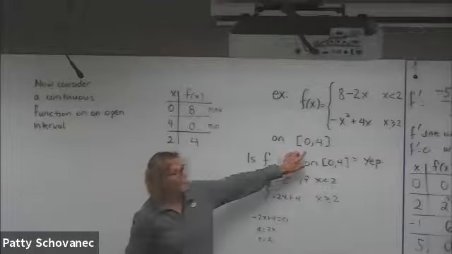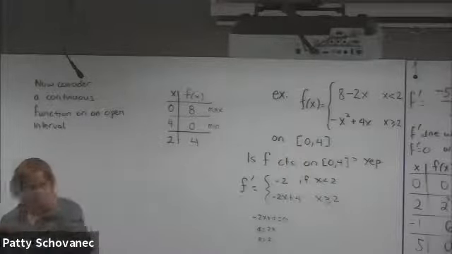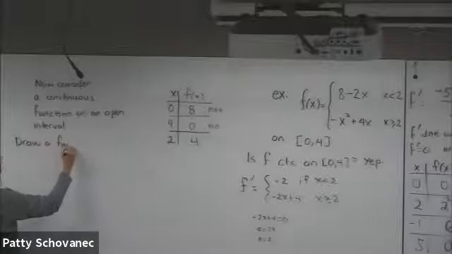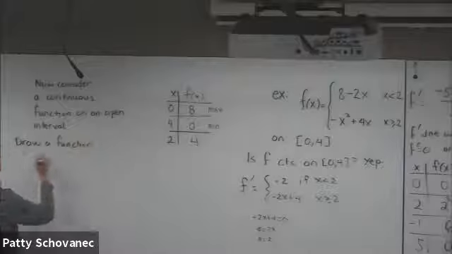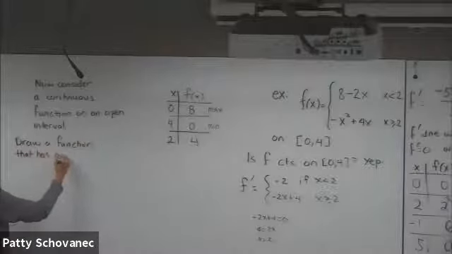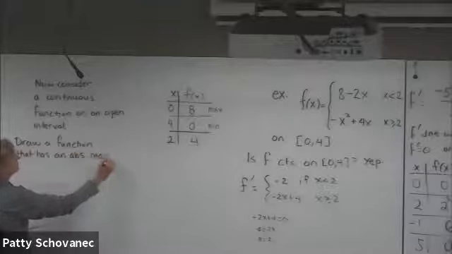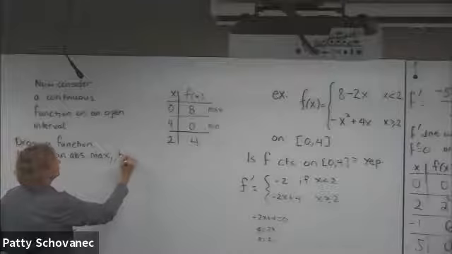We take that away. We're no longer guaranteed that this function is going to have both a max and a min. What I want you to do first is draw a function that has an absolute maximum, but no absolute minimum.